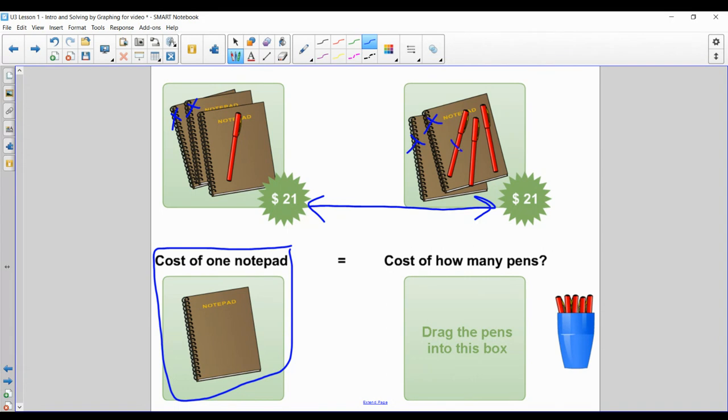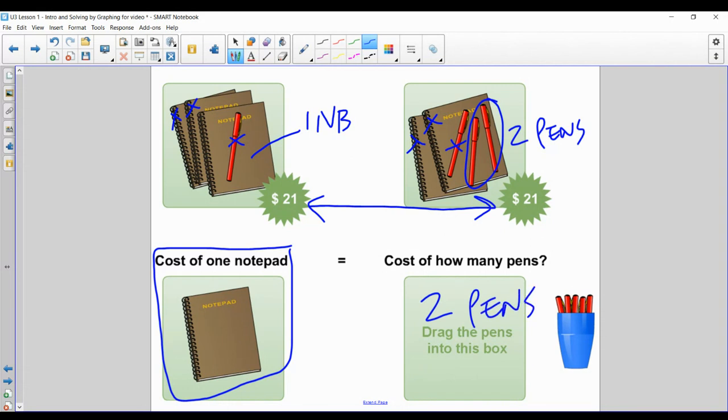I've got one pen here and one pen here. So doesn't this leave one notebook over here equal to 2 pens? So what we've got to do is eliminate things from both sides if they are equal to each other to get down to the simplest form.